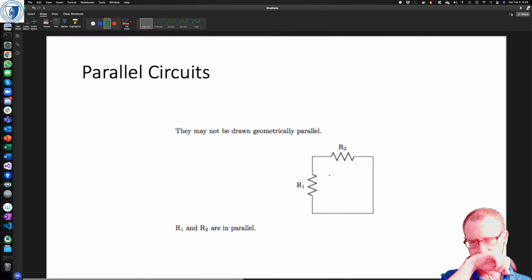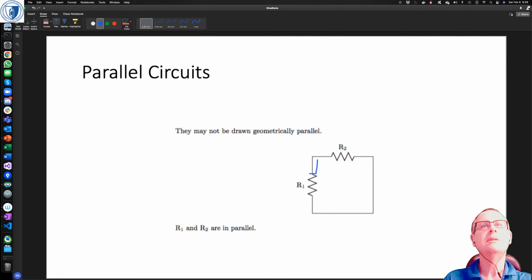So you've got to remember that parallel in the circuit sense doesn't necessarily mean parallel in the geometric sense, right? Remember the definition of parallel devices: they're connected between the same two nodes. So here's a node, and here's a node.